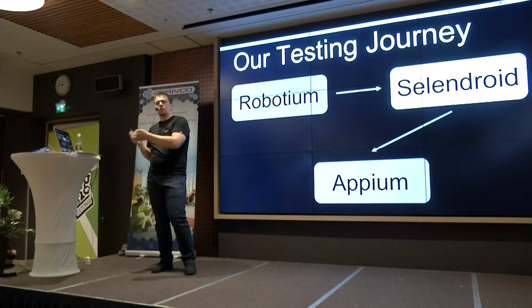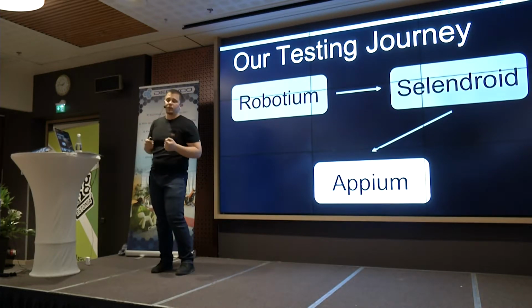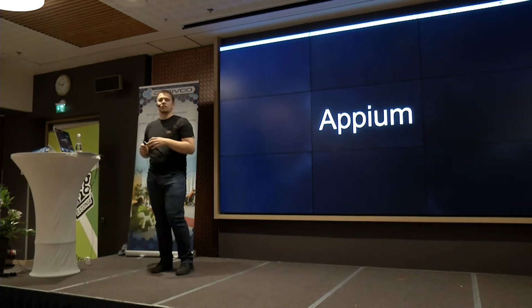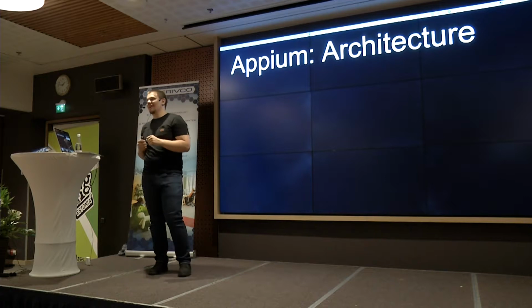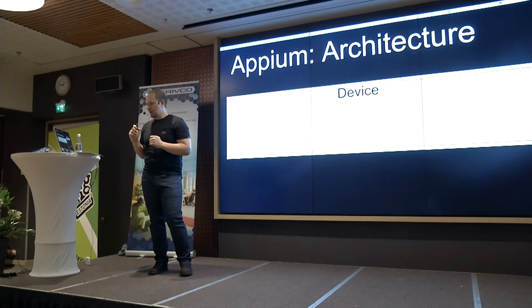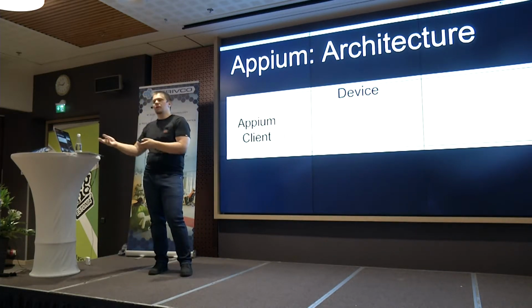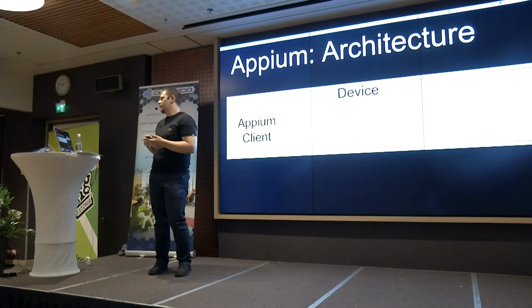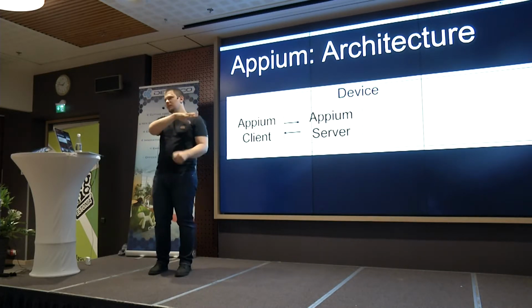But if you were to move forward from Selendroid to Appium as the end of our journey, I'm actually loving the architecture diagram here quite a bit, because it's very different from Selendroid to some extent. Of course, it's still based on Selenium to some extent, so it also has the Appium client, and it has the Appium server it talks to, which is not something that I'm extremely interested in.